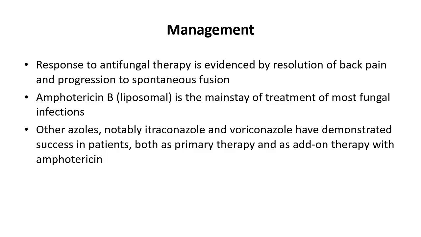Surgical debridement and treatment with amphotericin B, followed by a course of itraconazole, have resulted in successful outcomes in patients with fungal skeletal infections. Both itraconazole and voriconazole have also been used successfully as primary or add-on therapy after surgical debridement.